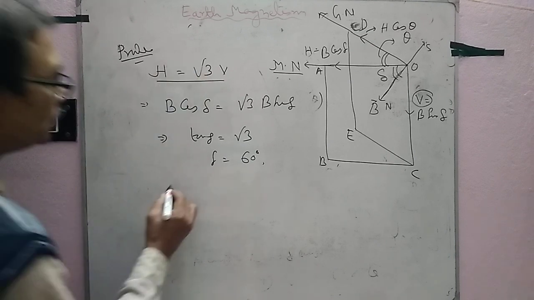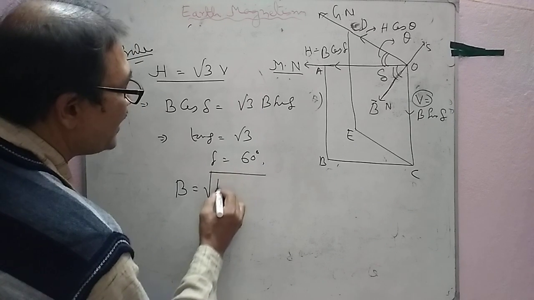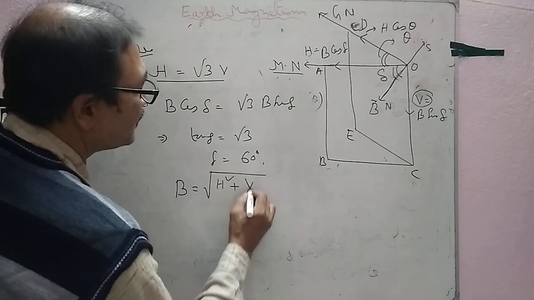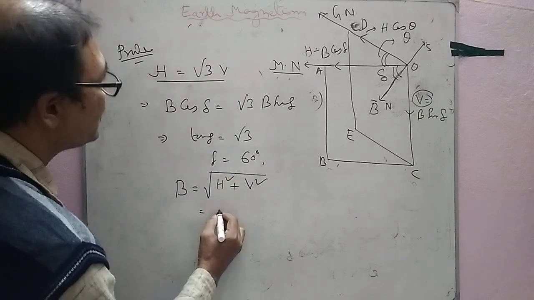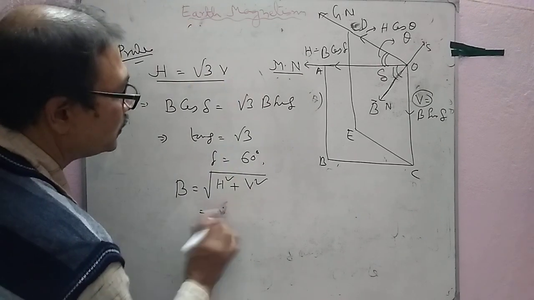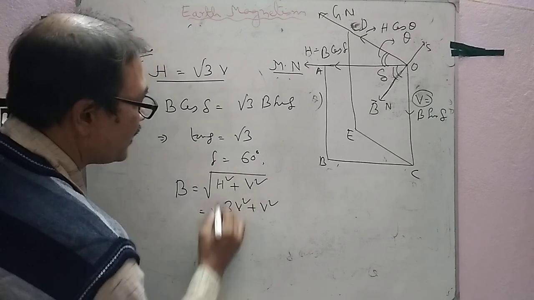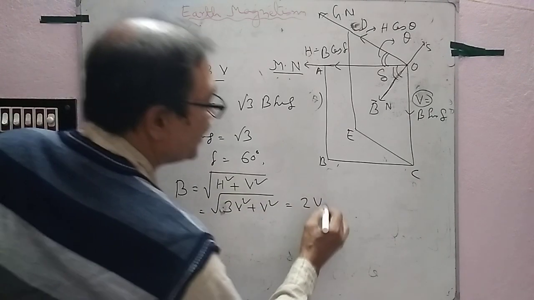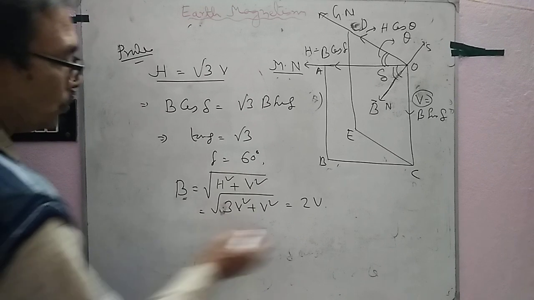Now follow: total magnetic field B equal to root over H square plus V square, that is root over 3V square plus V square equal to 2V. Follow? B equal to 2V. This is another relation. Okay.